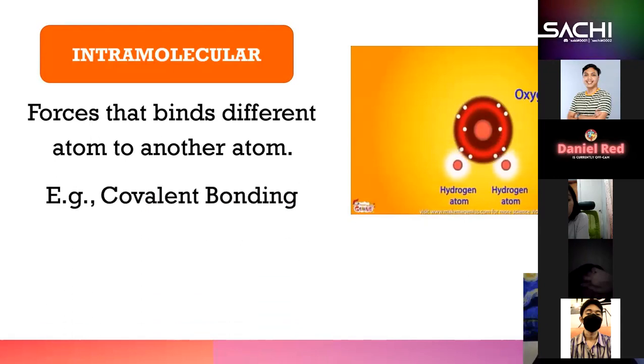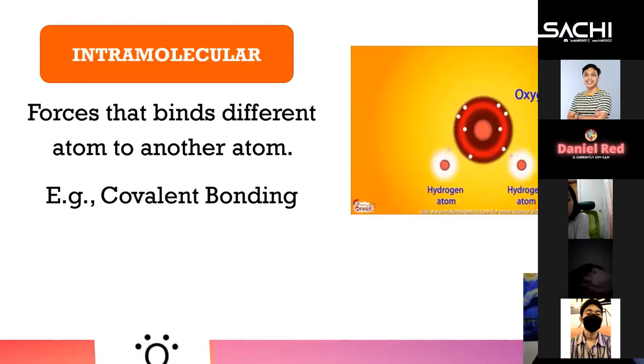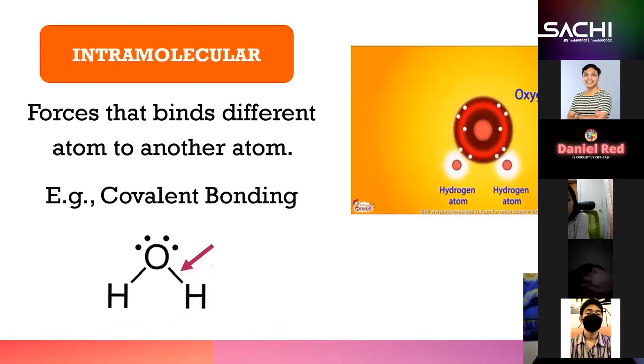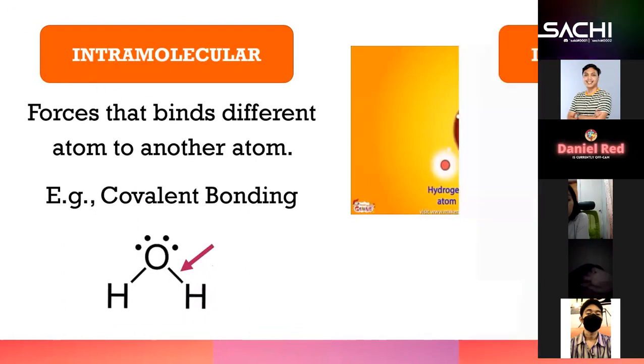So an example of intramolecular forces is covalent bonding, which is happening in the H2O molecules. Yes, you have the chemical symbol and of course the Lewis structure, and you have here the intramolecular forces.